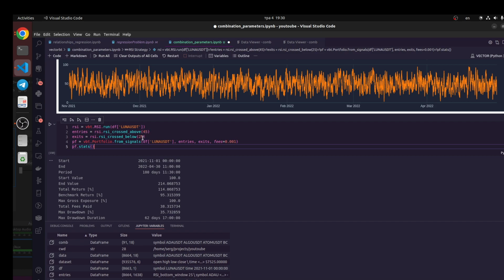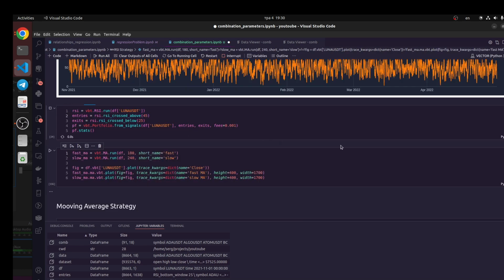We're going to buy on 25, and we're going to sell when RCI is above 45. It's not traditional parameters, but it's working for us.